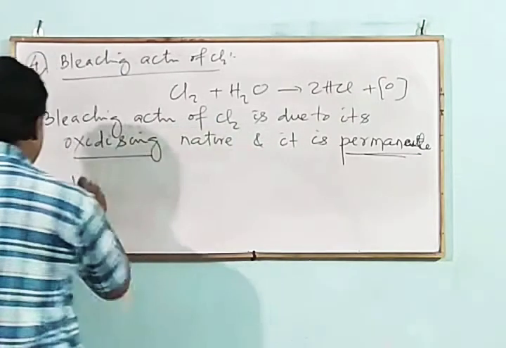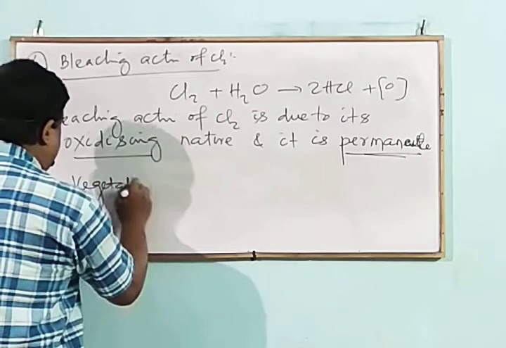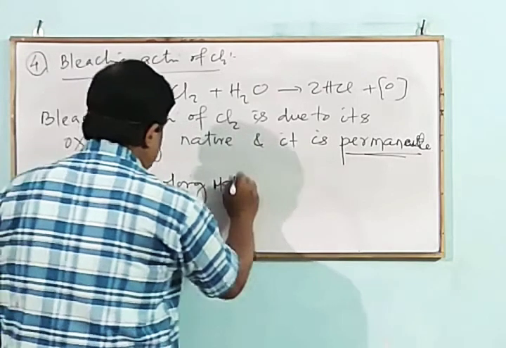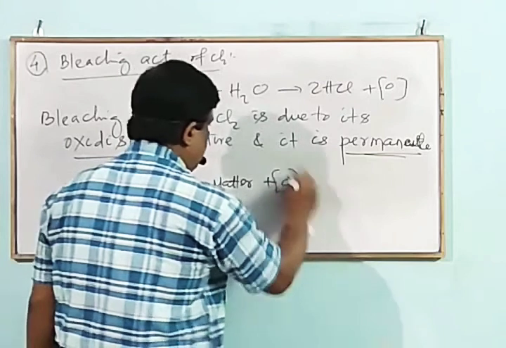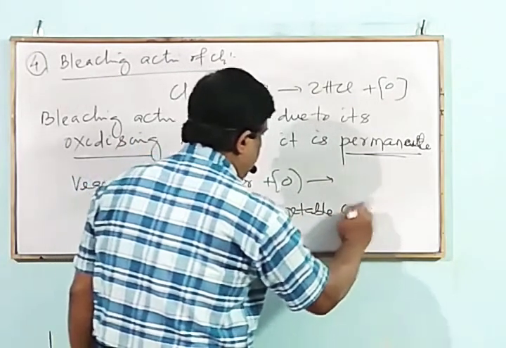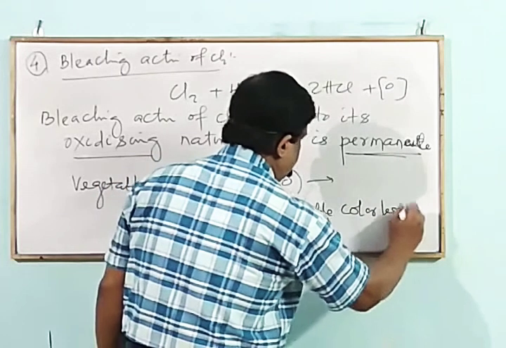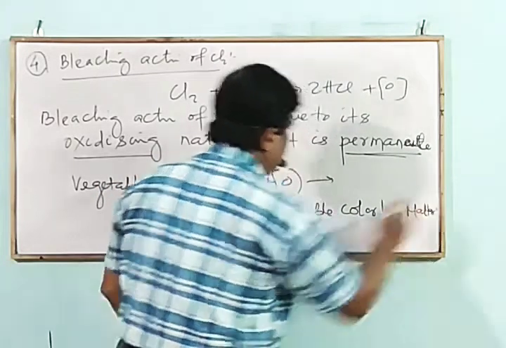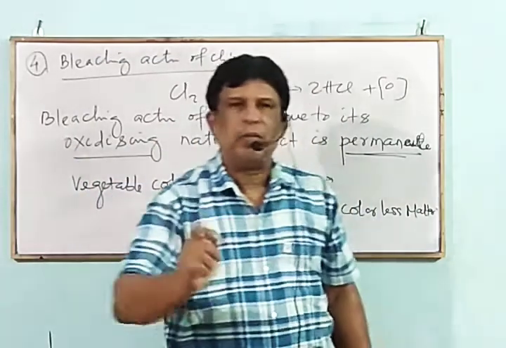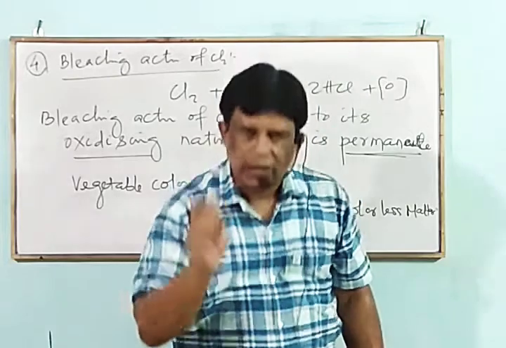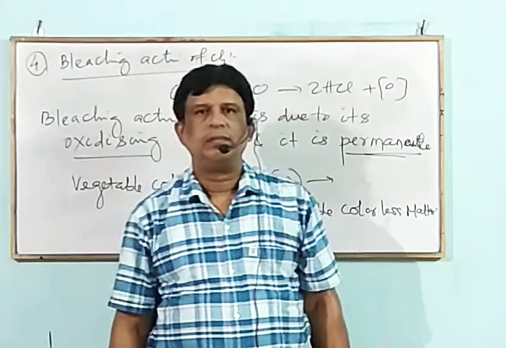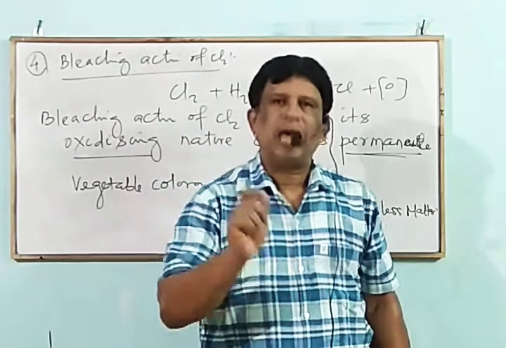For example, vegetable coloring matter plus nascent oxygen give rise to vegetable colorless matter. I repeat again. The bleaching action of chlorine in presence of moisture is due to the oxidizing nature and it is permanent.